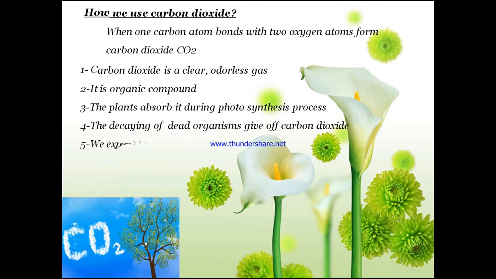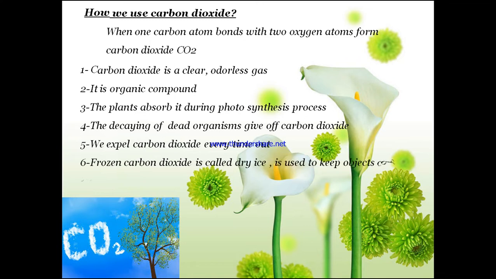Carbon dioxide is a clear, odorless gas. It is an organic compound produced from living organisms. The plant absorbs it during the photosynthesis process. The decaying of dead organisms gives off carbon dioxide. We expel carbon dioxide every time we breathe out.